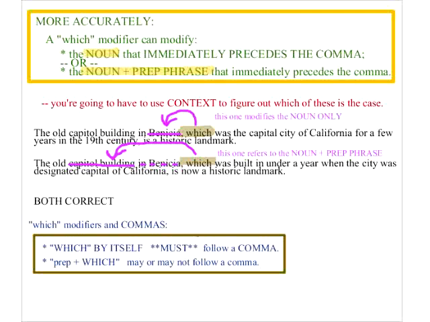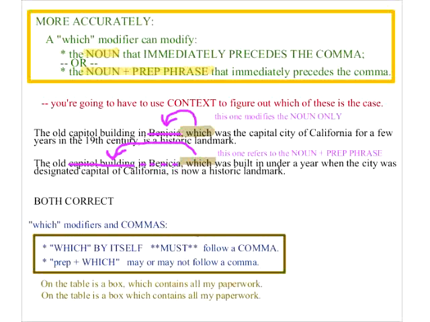But if you say something like, on the table is a box, which, comma, contains all my paperwork, this is correct. If you say, on the table is a box which, no comma, contains all my paperwork, this is not acceptable on the GMAT.